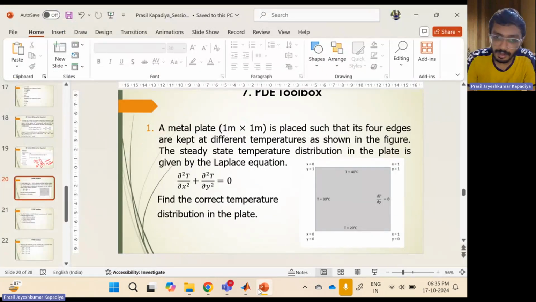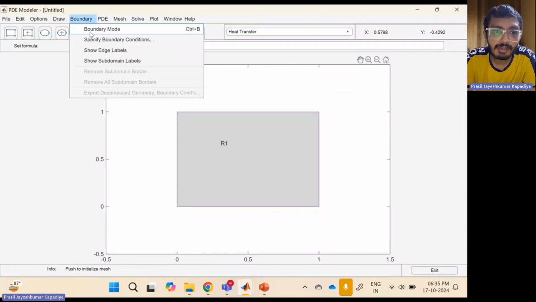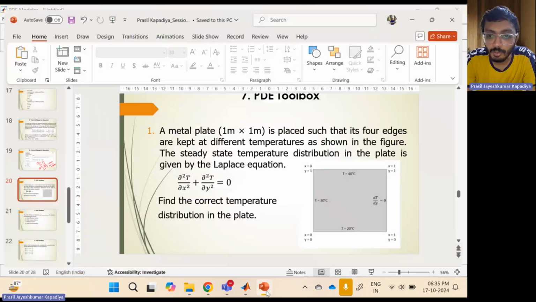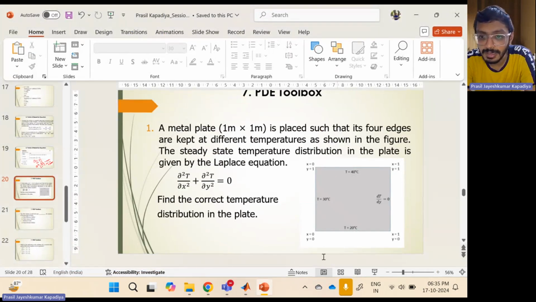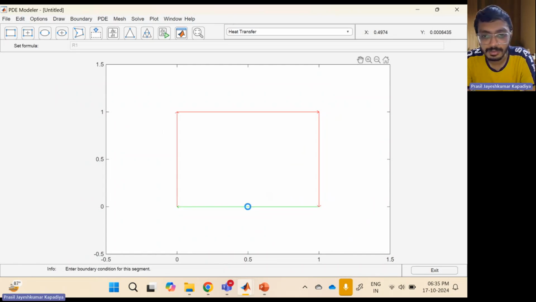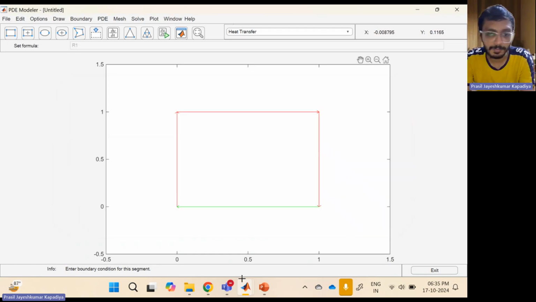Now I need to give boundary conditions. I will go to the boundary section and click on boundary mode. Now boundary mode is enabled. For the first boundary, the lowermost, my temperature is 20. So I will click here, write the value of temperature as 20, and press OK.